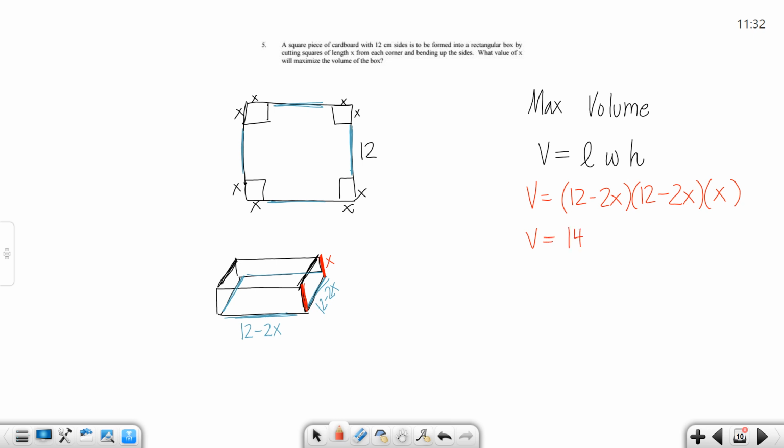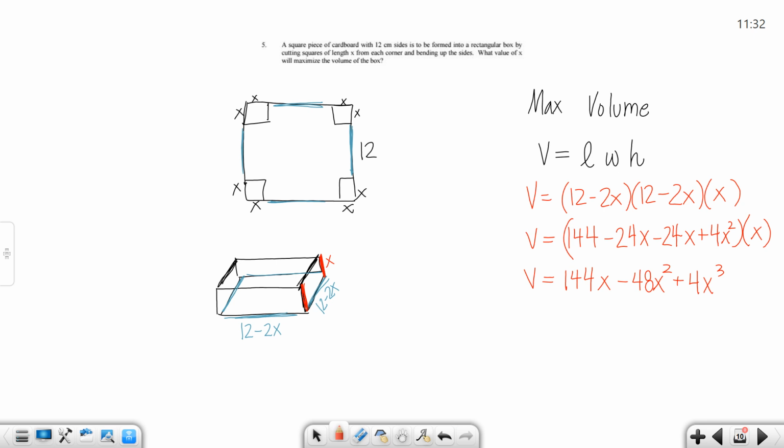So this would be 144 minus 24x minus 24x plus 4x squared. Okay, so that's the first two terms multiplied together, and then we'll multiply it through by x. 24 and 24 would give us a 48. Okay, and that's the formula for which I want to optimize.